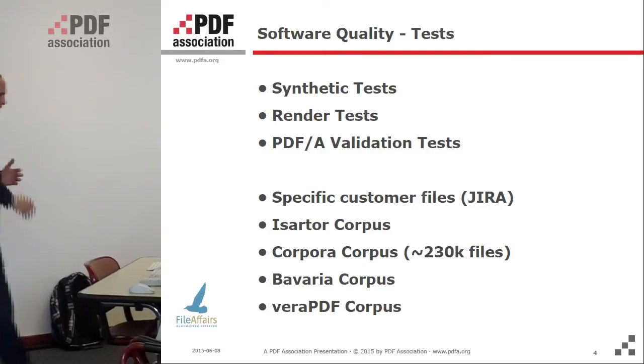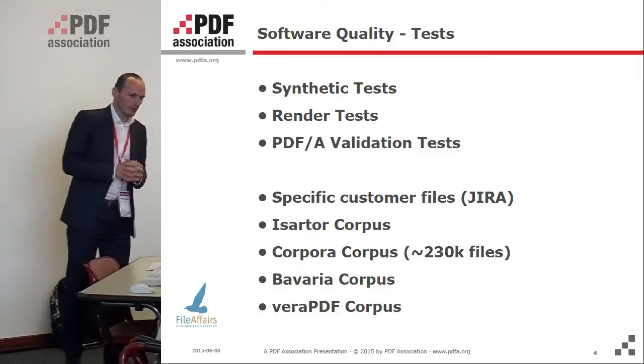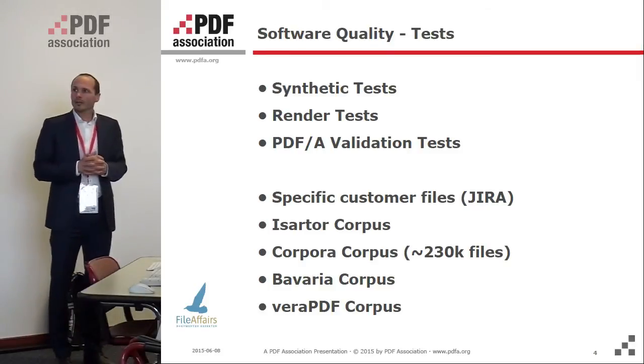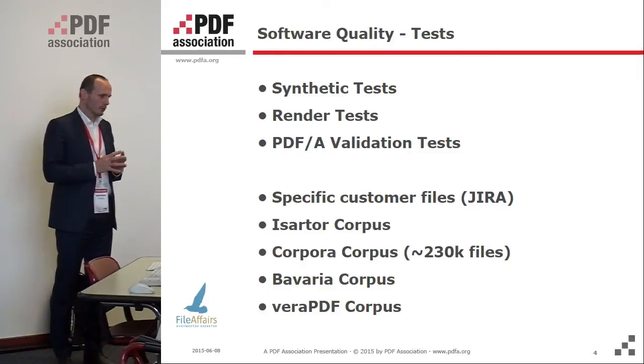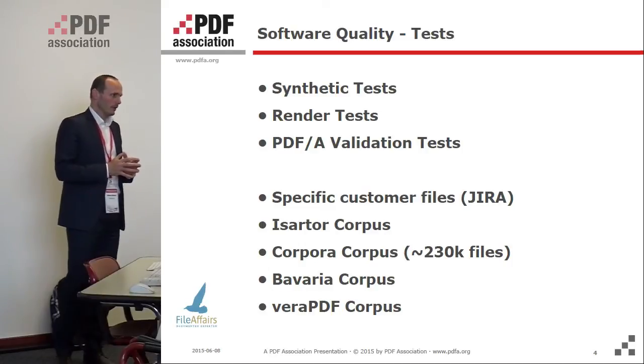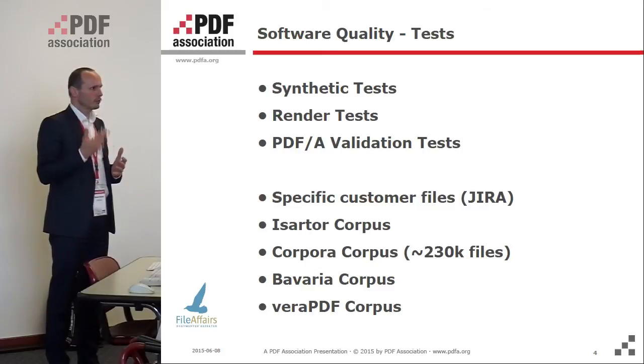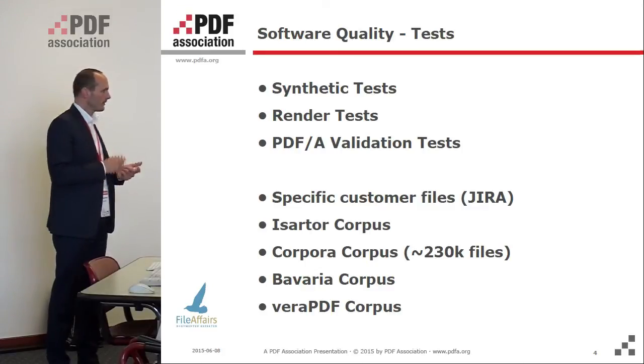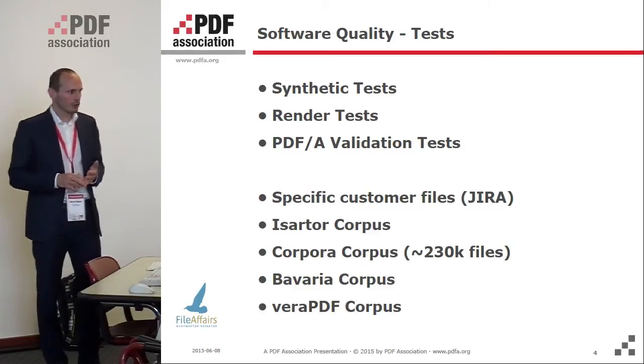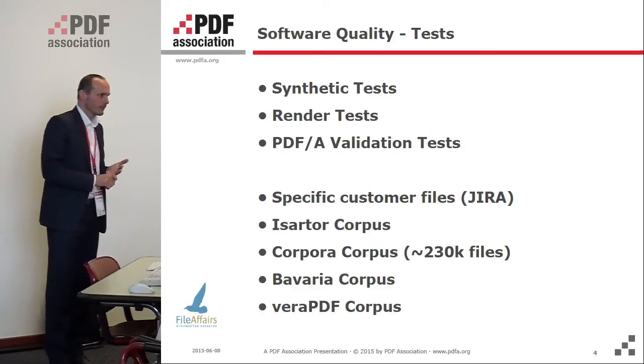And then, because of an initiative in the US, there is a website called Digital Corpora. What they did was start collecting files from government agencies: Word files, Excel files, PowerPoint presentations, videos, and PDFs.